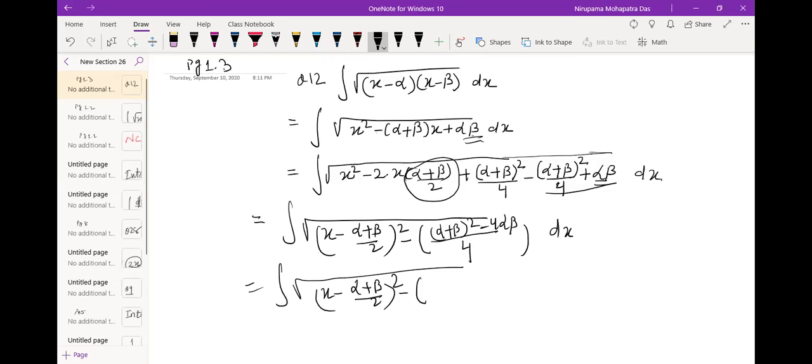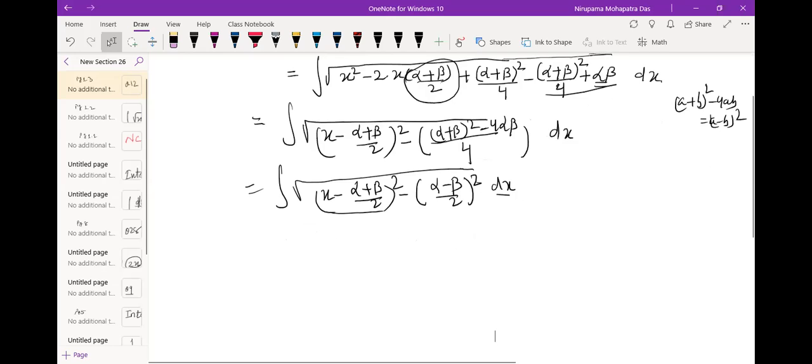So you have a plus b whole square minus 4ab, that is equal to a minus b whole square. So this is alpha minus beta whole square by 4, means alpha minus beta by 2 whole square. Okay, so you are getting here, see, the square of whose is the differential of the same, that means you can apply the formula directly.